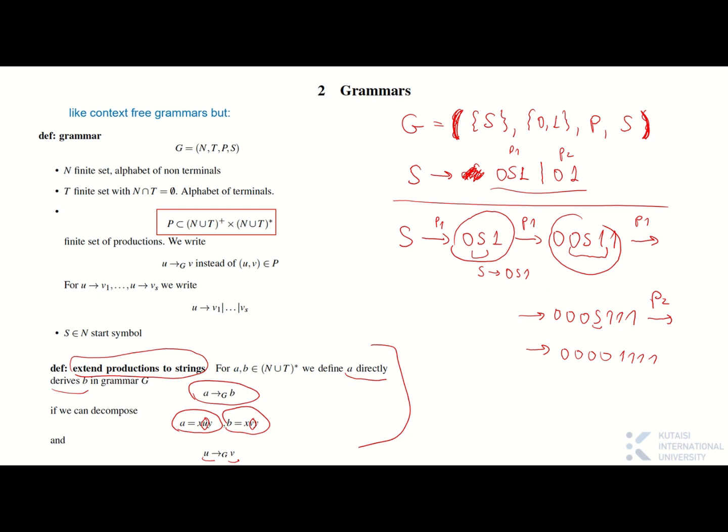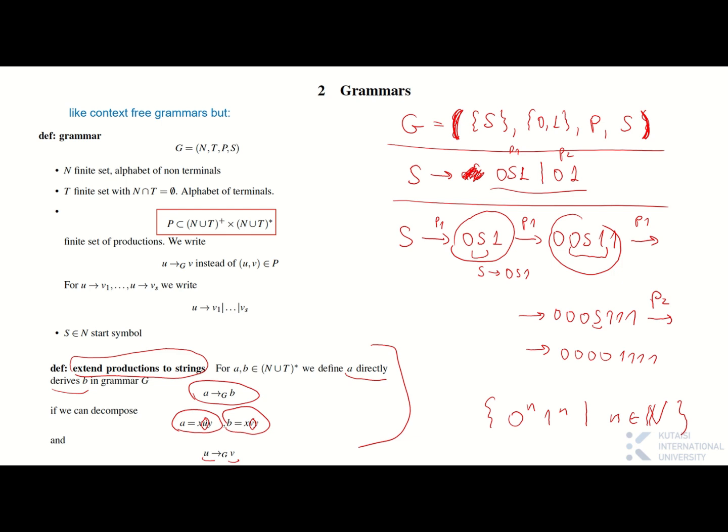So in this case, can you tell me what language this grammar will generate? With n being what? Natural numbers or also 0? Yeah, so natural numbers without 0. So this is exactly something that we just proved is not regular.